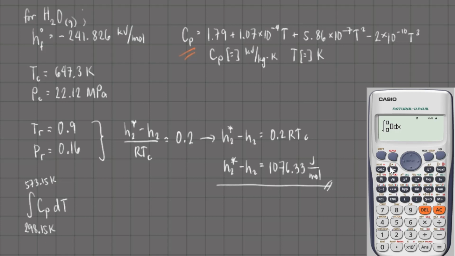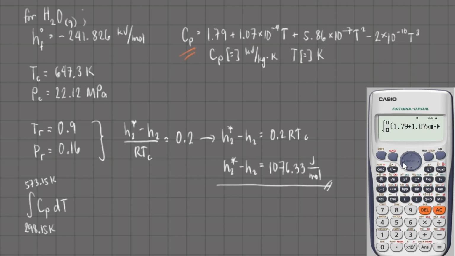So in this case, our x represents our temperature. Let's substitute. We have 1.79 plus 1.07 times 10 raised to negative 4 times temperature, that is x, plus 5.86 times 10 raised to negative 7 times temperature squared, minus 2 times 10 raised to negative 10 times temperature raised to the third power.